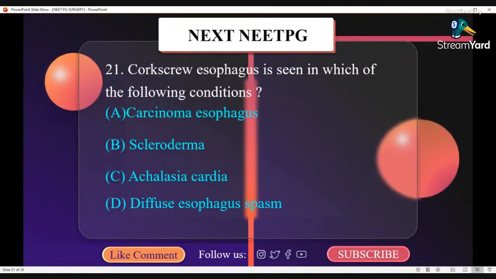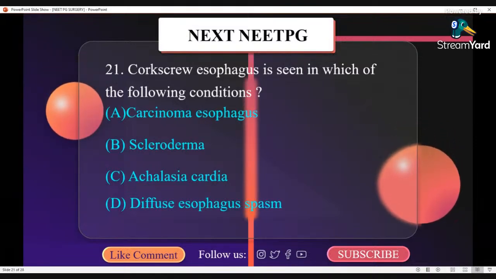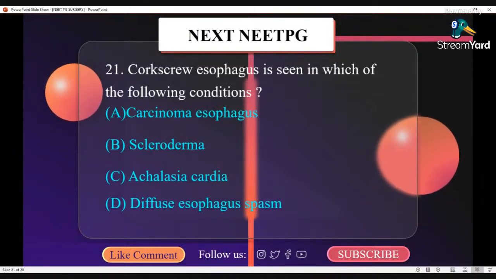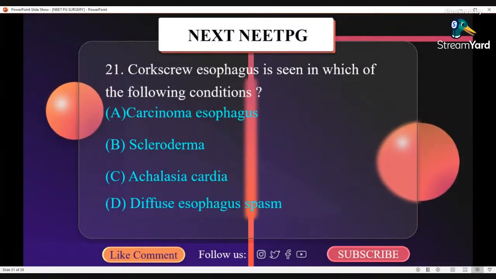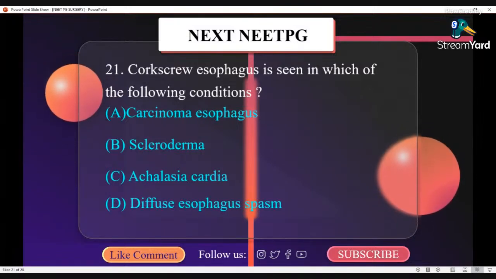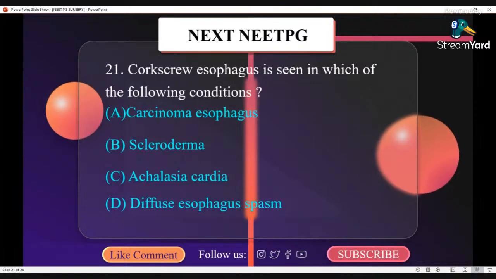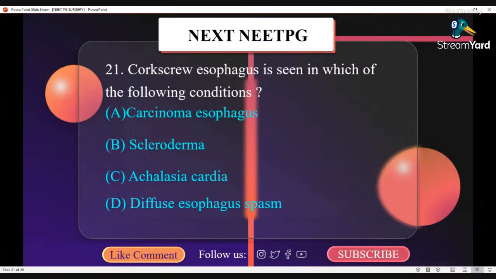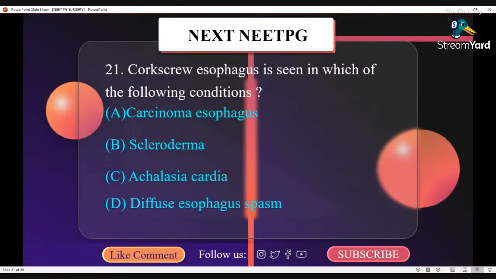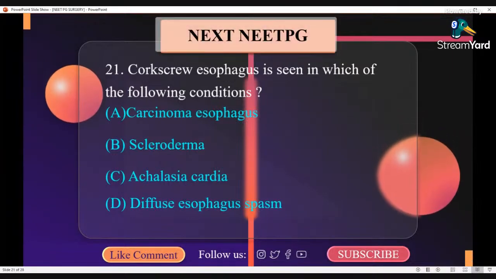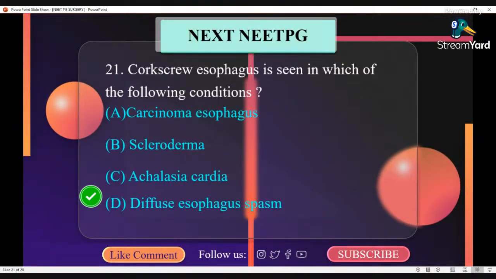It is characterized by repetitive, simultaneous, non-peristaltic contractions. The symptoms are substernal chest pain and or dysphagia. It is diagnosed by manometry. Nutcracker esophagus, also known as super squeezer esophagus, is characterized by extremely high amplitude peristaltic contraction. So the correct answer here is D, diffuse esophageal spasm.